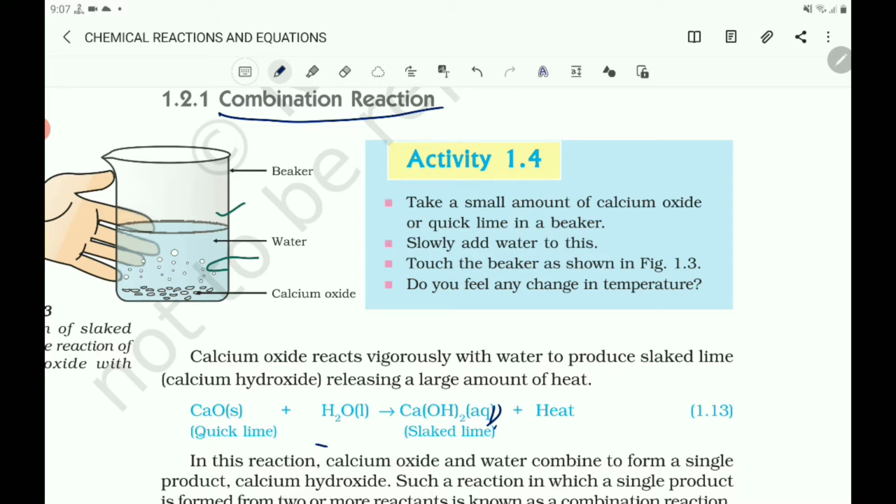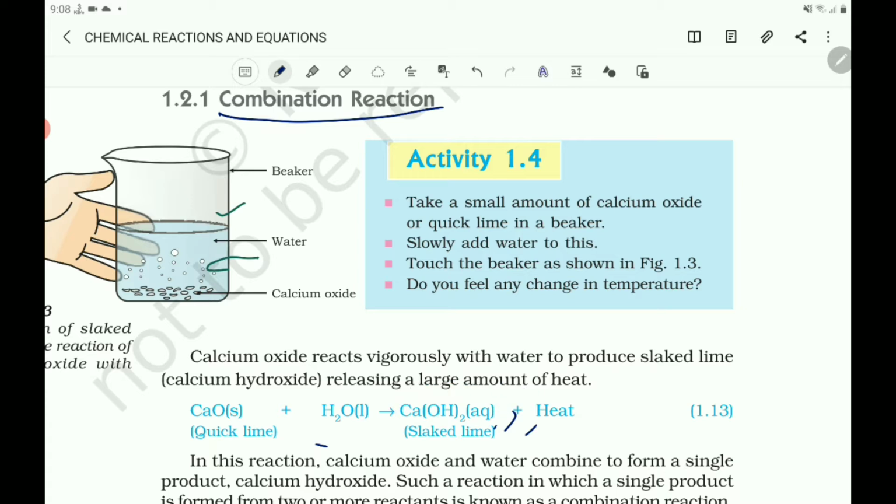Reaction in which a single product is formed from two or more reactants is known as combination. The speciality is here: on the product side, on the RHS, only one product will be there.